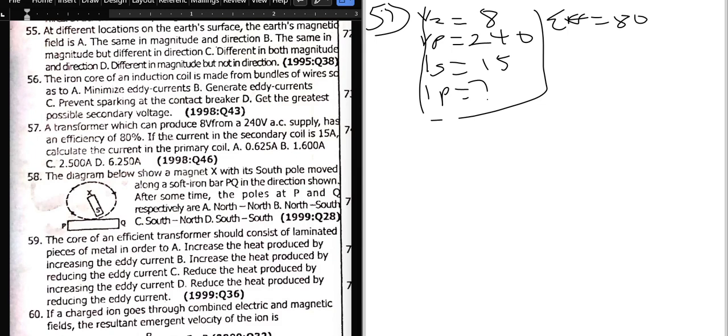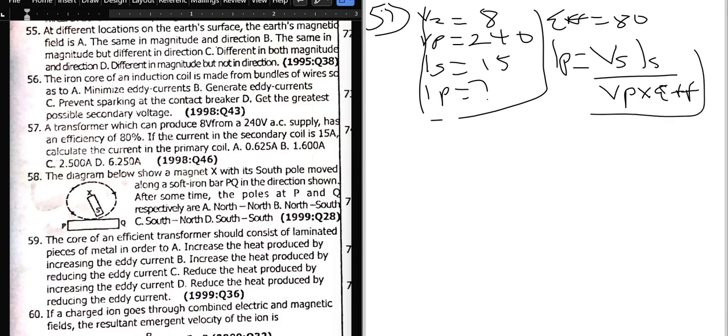And the formula we are using is primary current is equal to Vs, that is secondary voltage, times secondary current over primary voltage times efficiency.